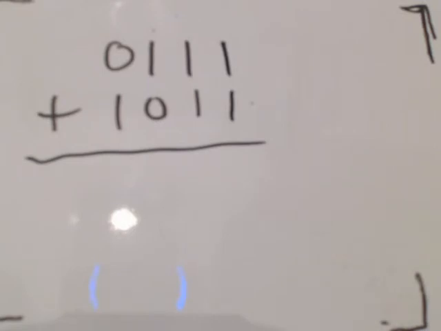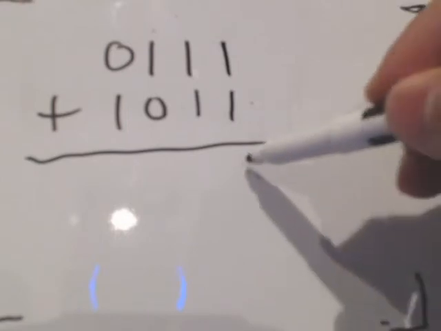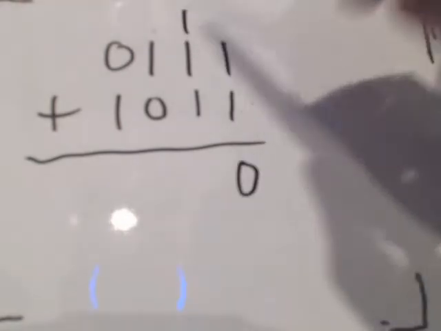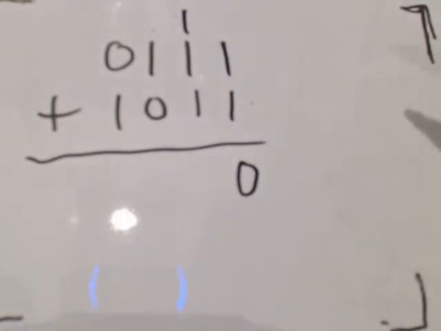What do you do? Okay, starting off on the right column, we have two 1s again. So again, two 1s, we have a sum of 0 and a carry of 1 to the next column. Now, this is our first situation where we have three 1s. What do we do? As normal, when we have two 1s, we carry over.